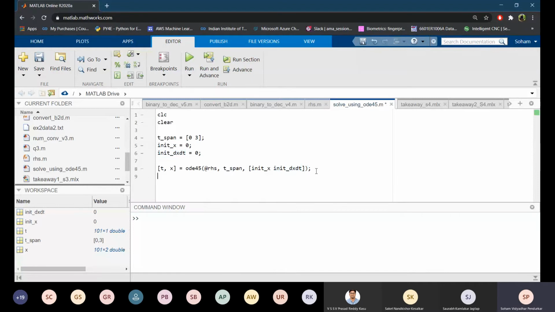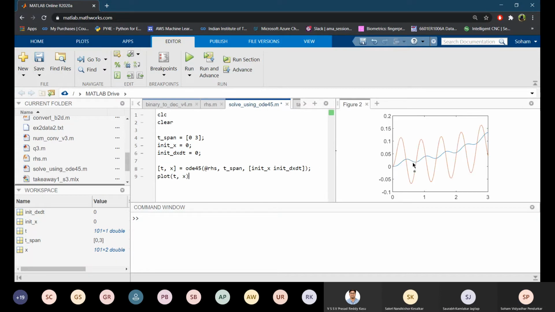So there will be x values, right? So now let's plot it. Plot t comma x. So x is a vector, right?